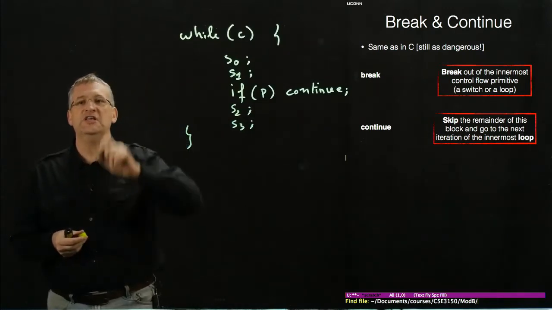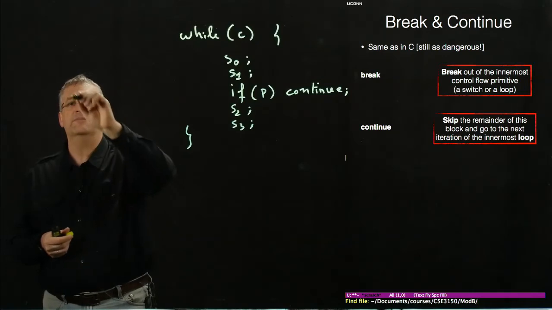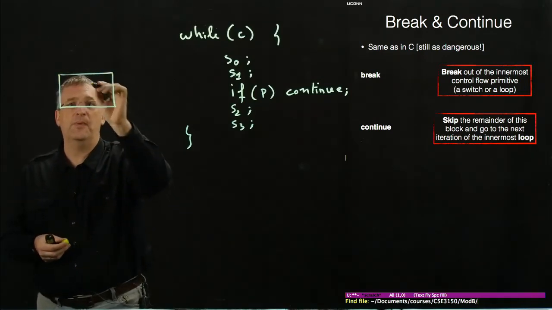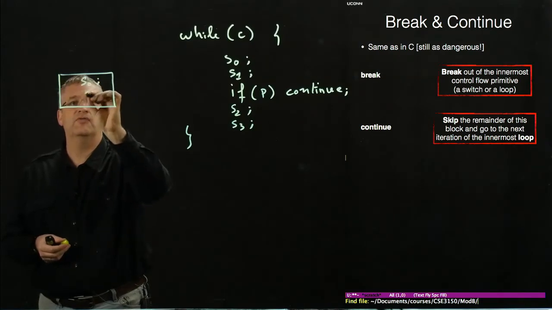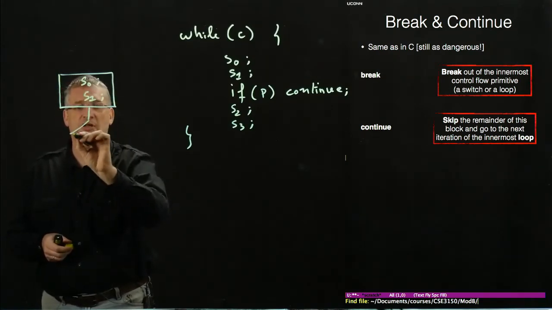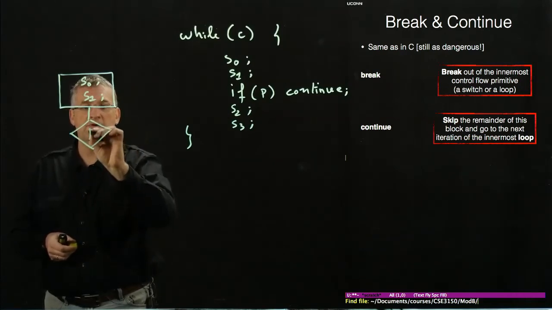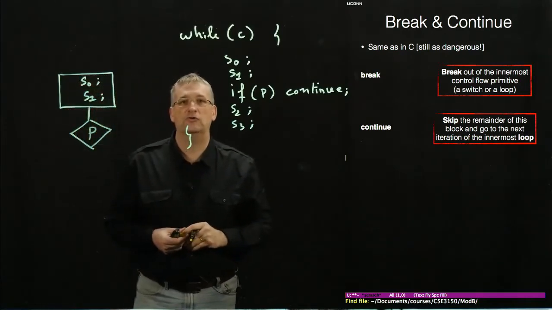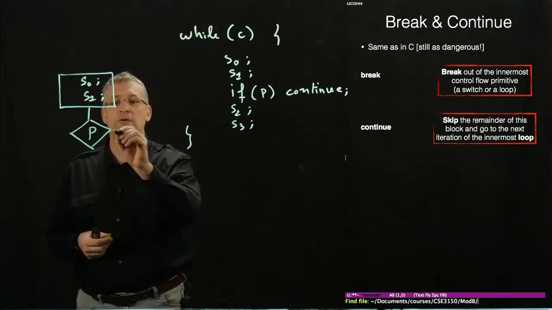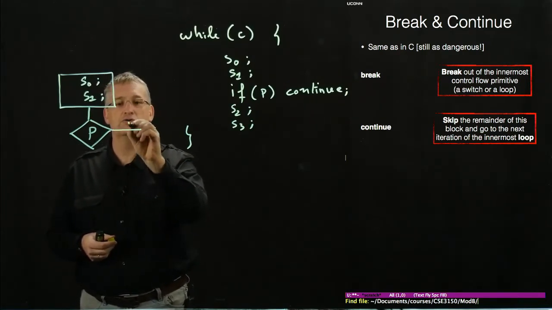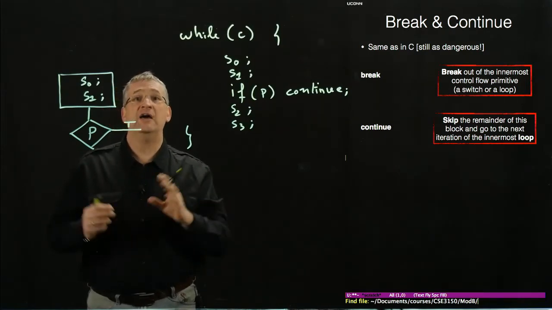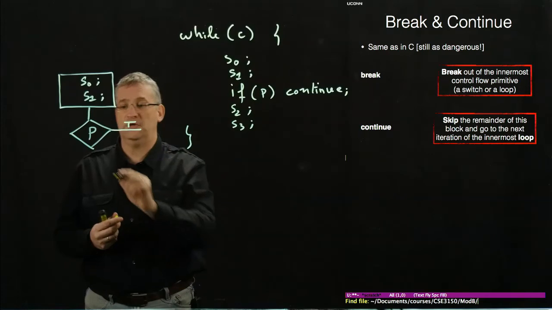What you're going to see is that the body, I'm going to break down into several parts. I have the part where I do S0 followed by S1. Then here I'm coming to a decision where I'm using the predicate P to decide what to do. And if P happens to be true, here, true, I'm going to continue, which means I don't want to do S2 and S3.